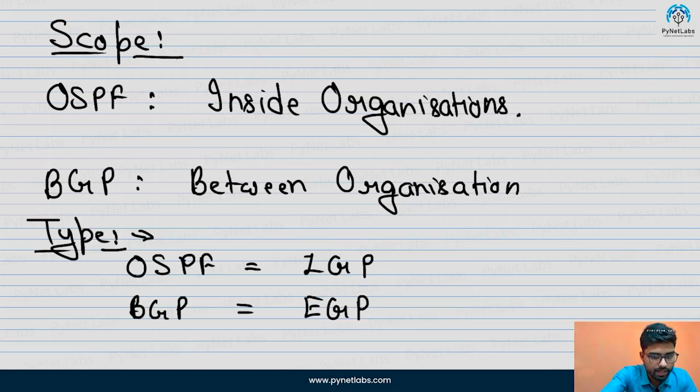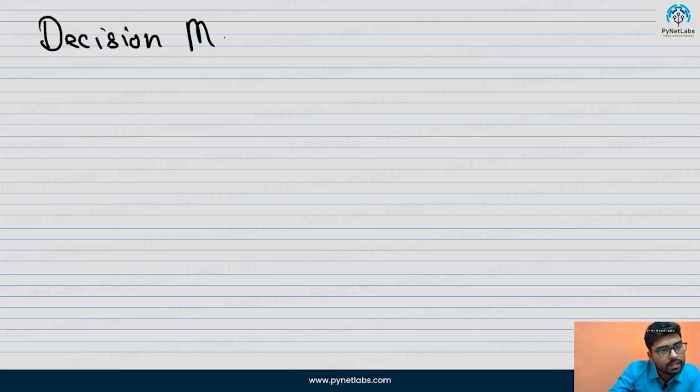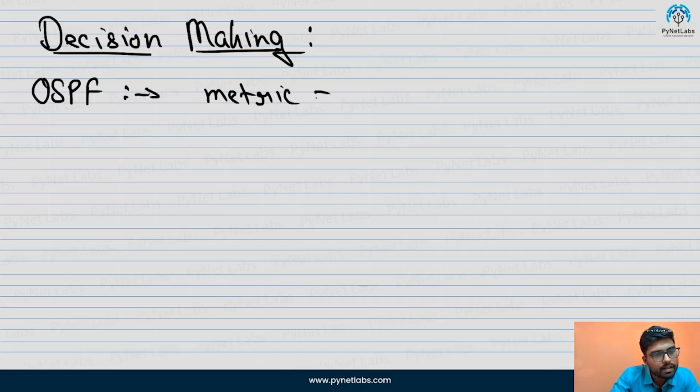So now let's talk about the decision making of both of these routing protocols, like how they find the best path. When we talk about OSPF, all of you know OSPF uses metrics to find the best path, and the metric used here is cost. The cost metric is used to find the best path between the source and the destination.